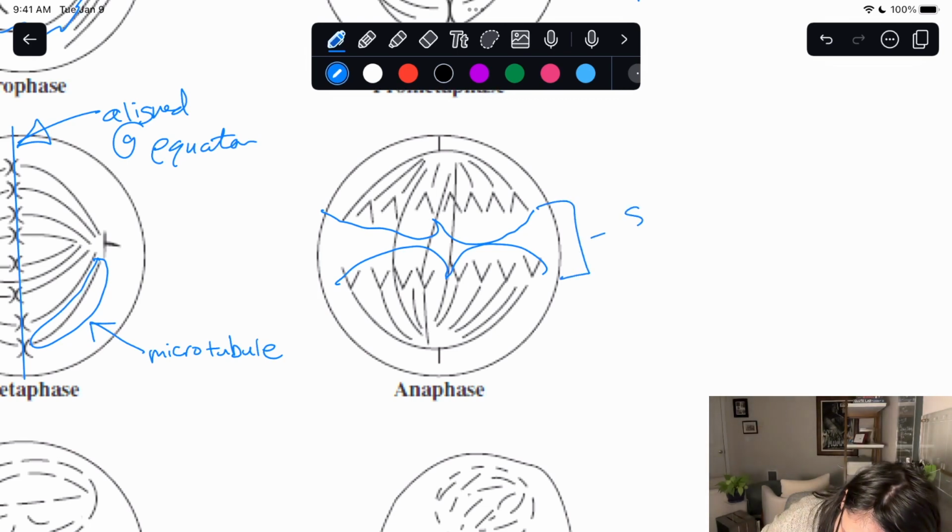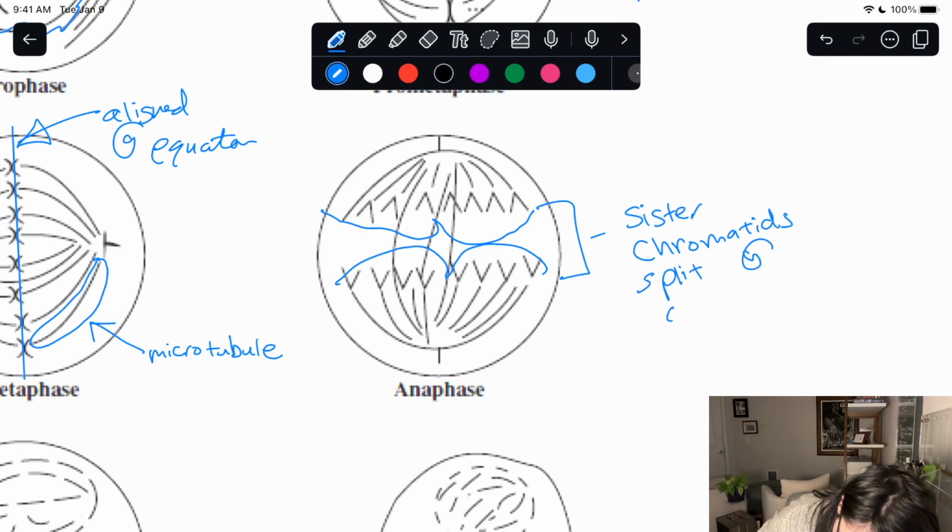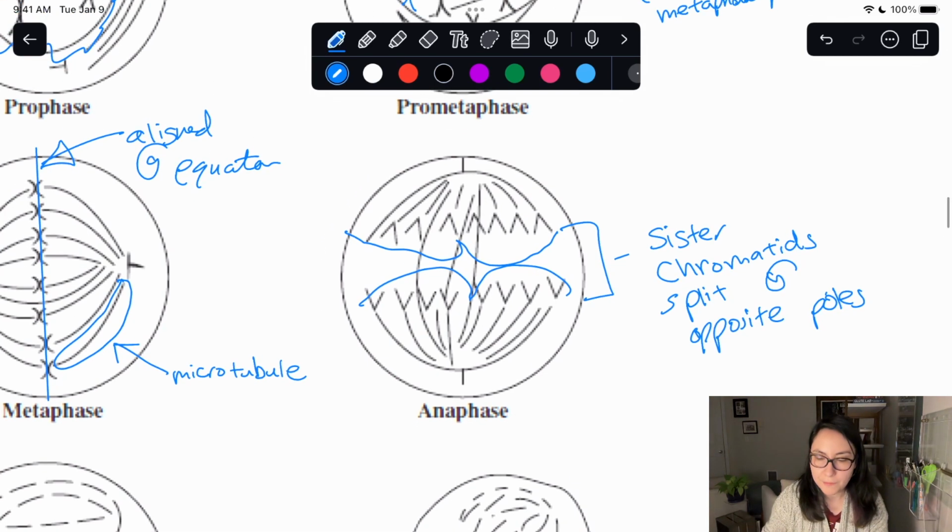And this is where you say that sister chromatids split at opposite poles of the cell. So they're opposite poles. This is one pole over here. This is one pole over here.